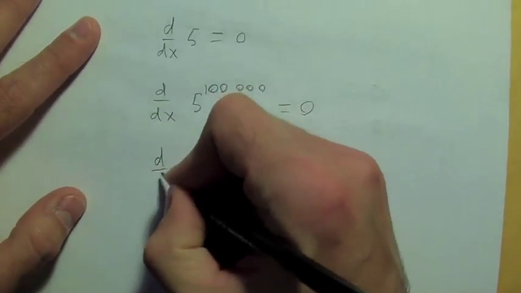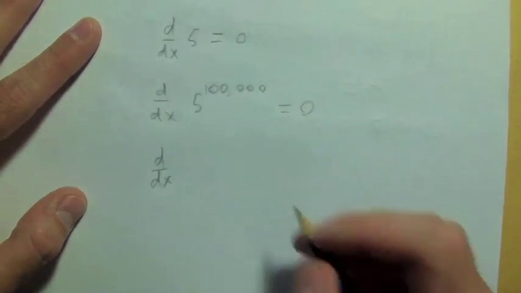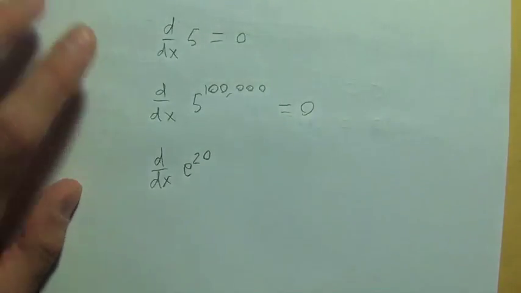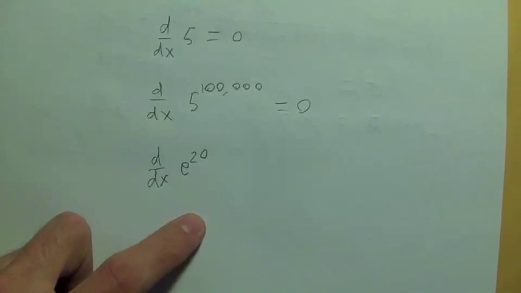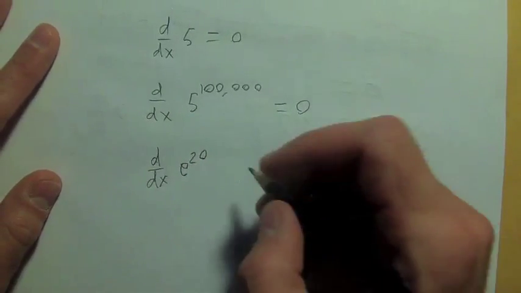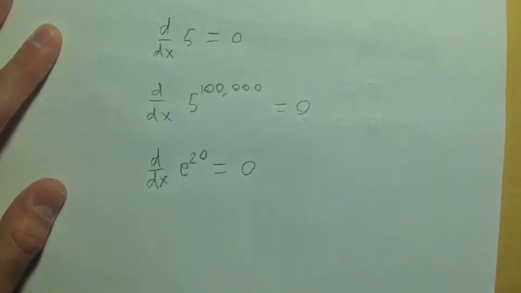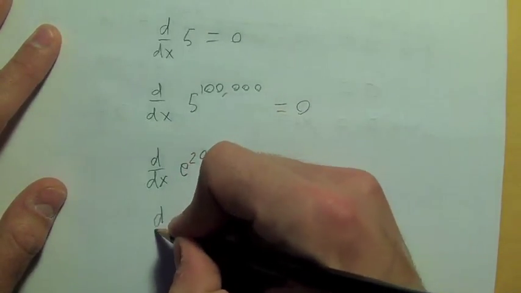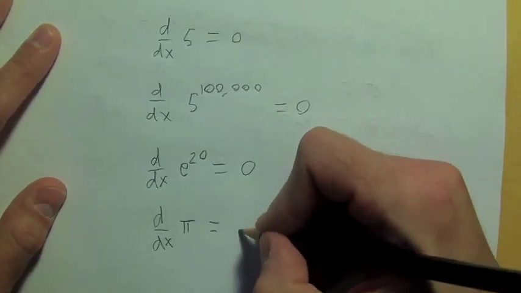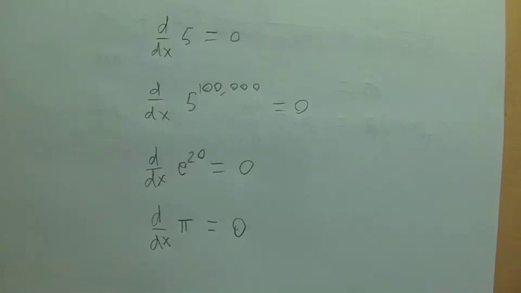If I wanted to take the derivative with respect to x of e to the 20th, now you might get confused and think that that's e to the 20th, but that's a constant. E to the 20th is a constant, so that's 0. The derivative with respect to x of pi, well, that will also be 0, so on and so forth.